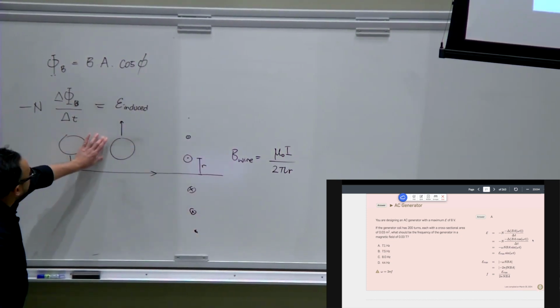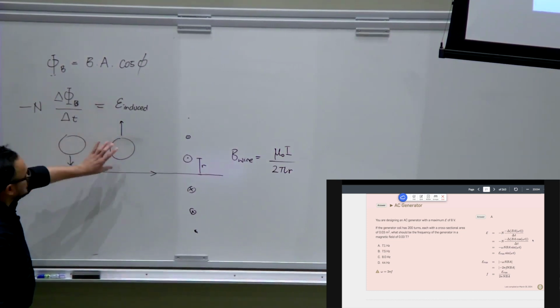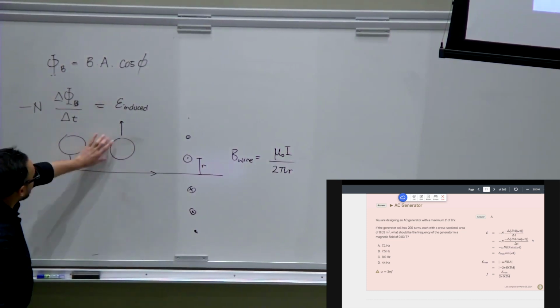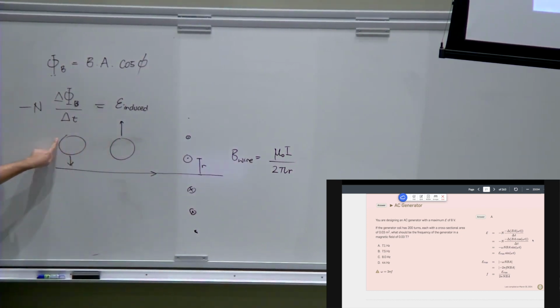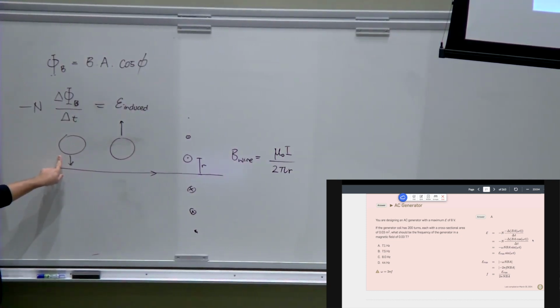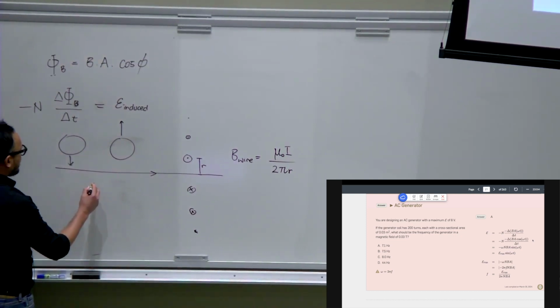So if we move the ring away, then the flux will decrease. But if you move the ring closer to the wire, then the flux will increase. Okay? And this is a common problem in many textbooks.